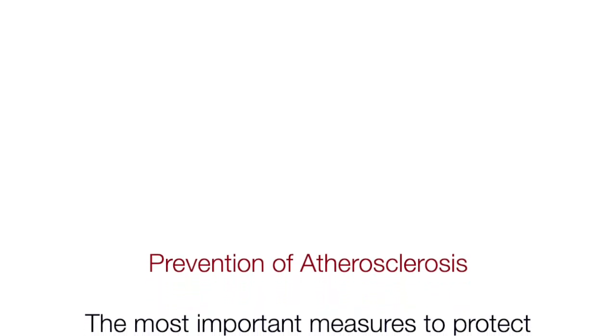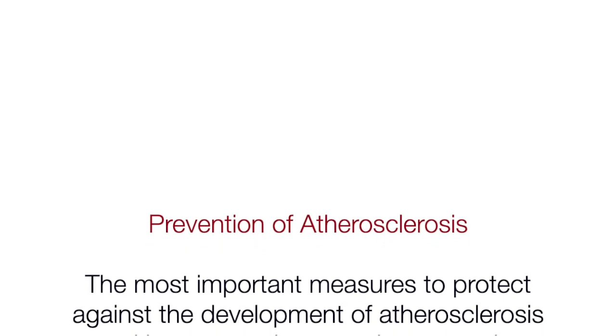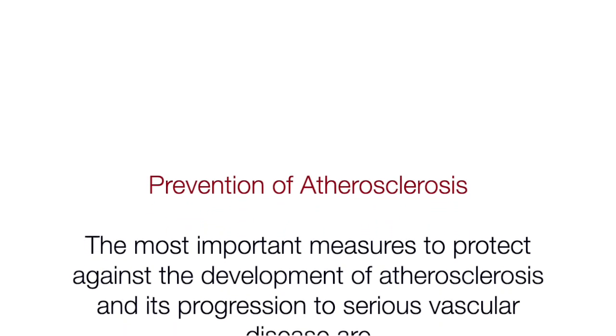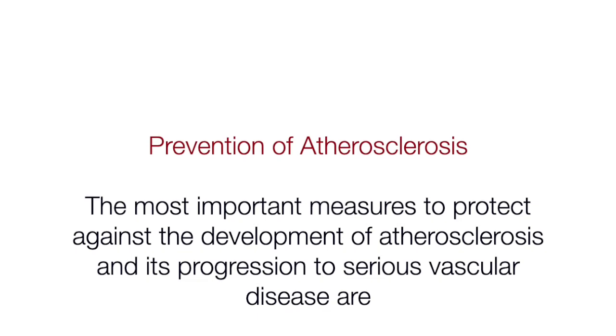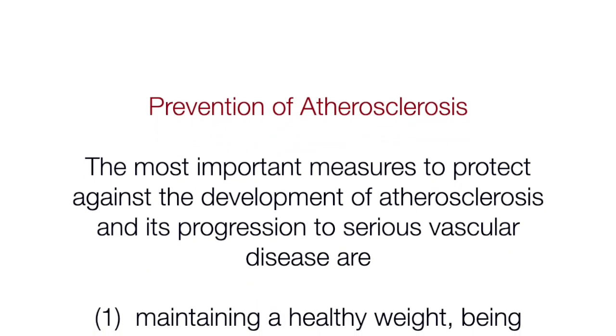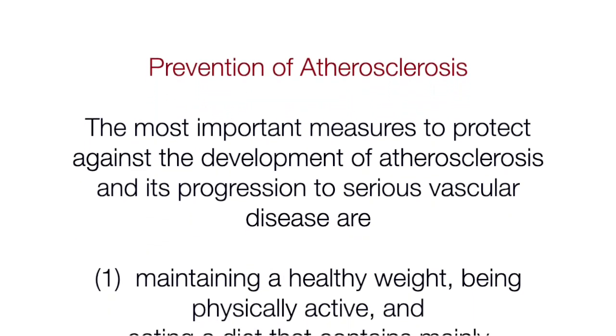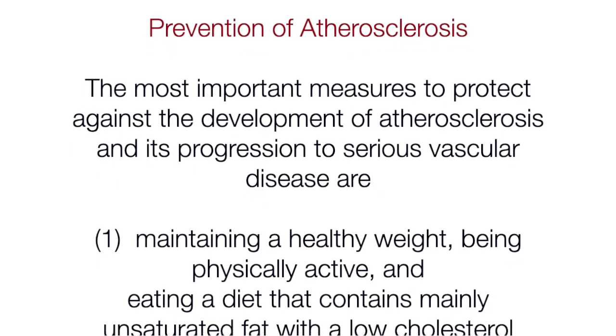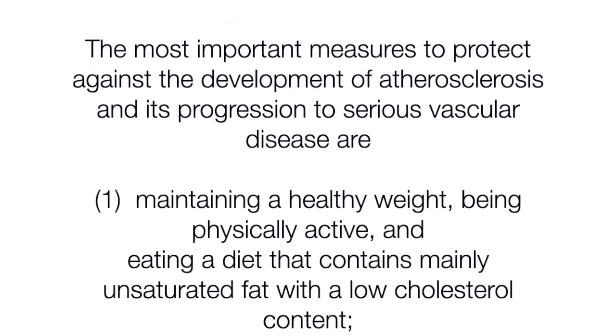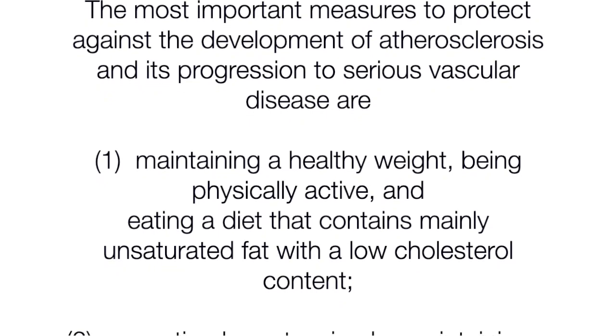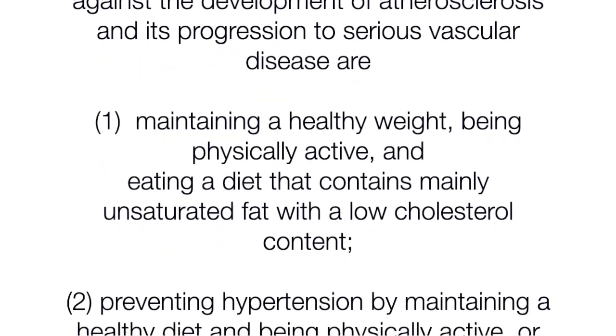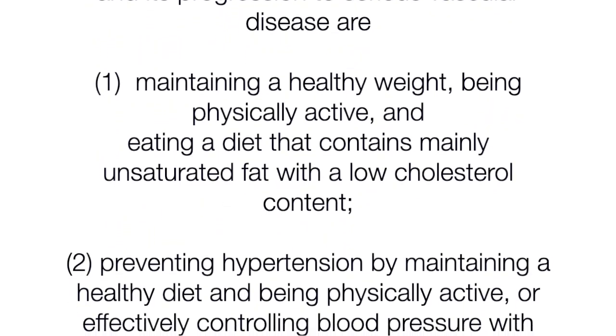Prevention of atherosclerosis. The most important measures to protect against the development of atherosclerosis and its progression to serious vascular diseases are: 1. Maintaining a healthy weight, being physically active, and eating a diet that contains mainly unsaturated fat with a low cholesterol content. 2.